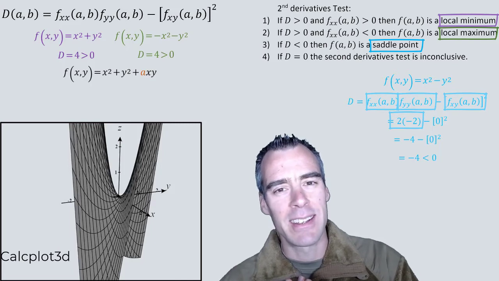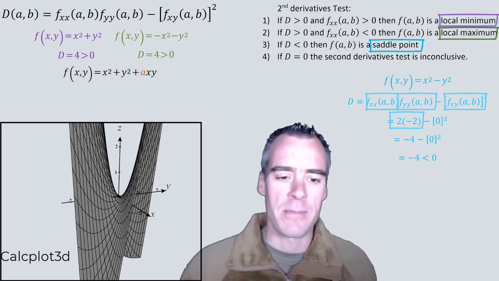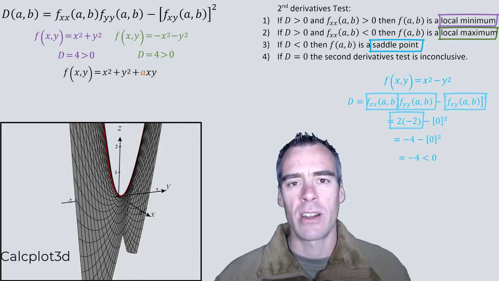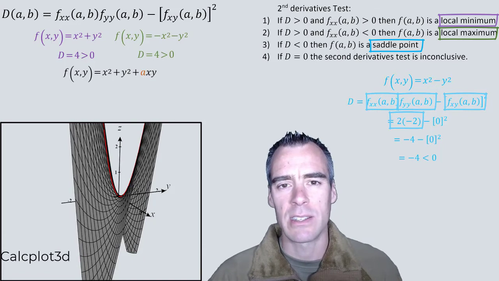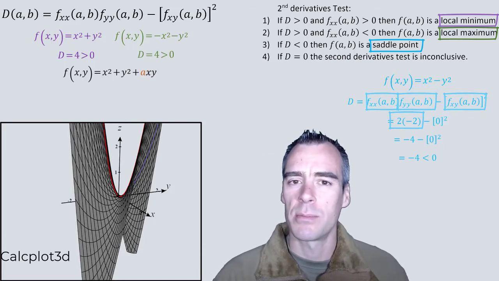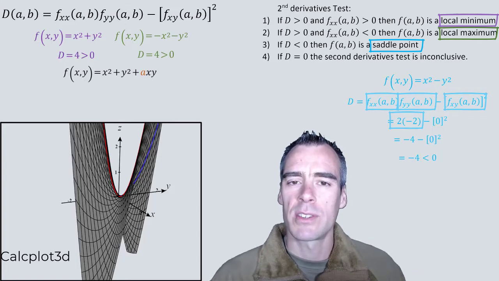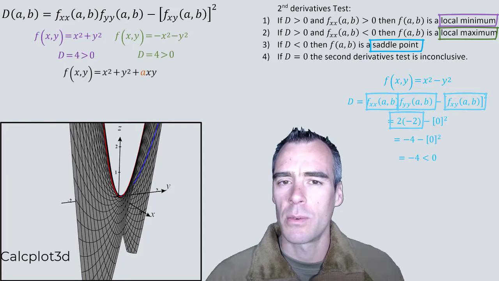Not really, and not actually at all. If we trace this x curve out on our surface here, we'll see that it's in the red here, and it's still going to be concave up in the x direction. And if we trace out the blue line over our surface in that y direction, you see it's still concave up in the y direction.